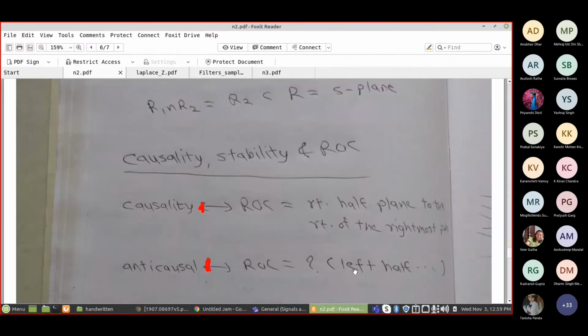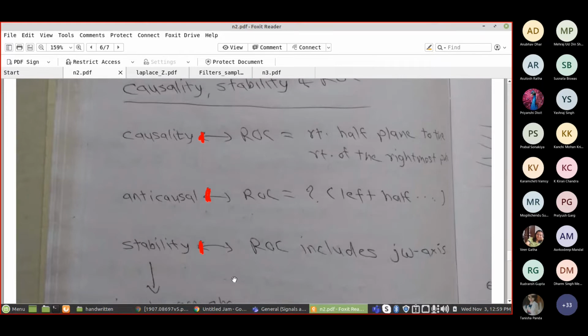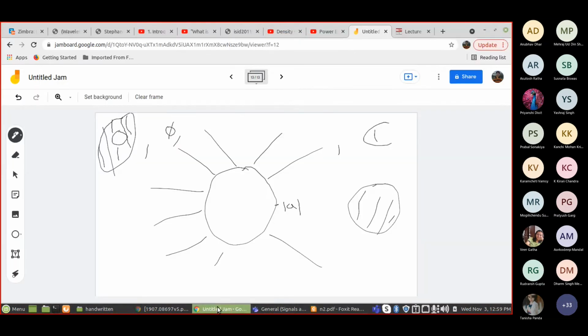For anti-causal, it will give you everything inside the pole of the least magnitude. For stability, here we had the j omega axis, and it turns out that here we will have the unit disk.